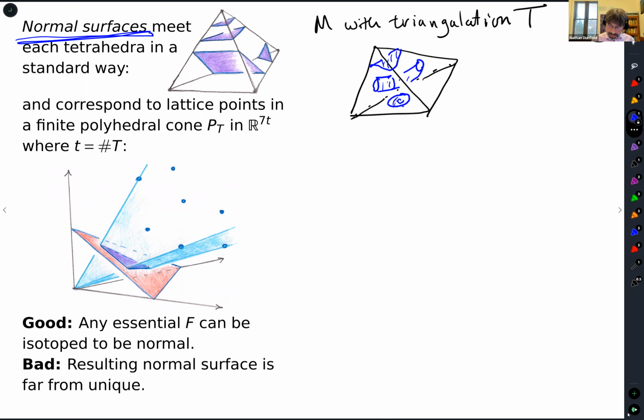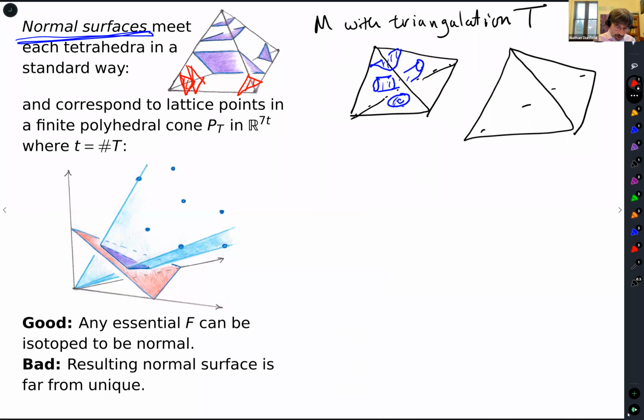In a normal surface, one way a plane can slice through a tetrahedron is to chop off a vertex. So there'll be four kinds of triangles that might appear as part of a normal surface. The other way a plane can cut through is to separate two opposite edges.